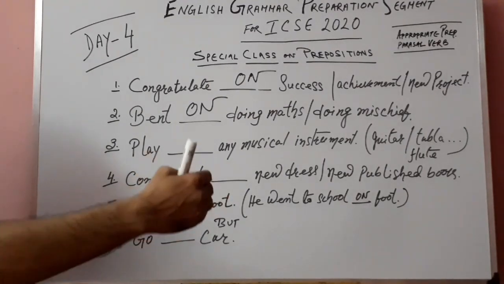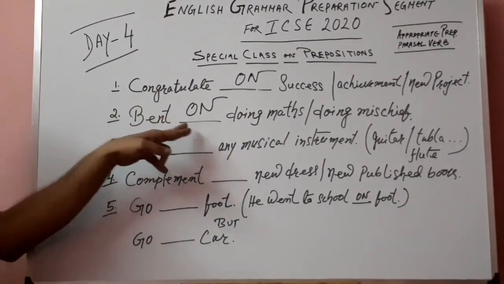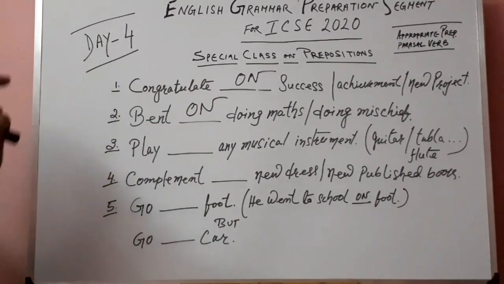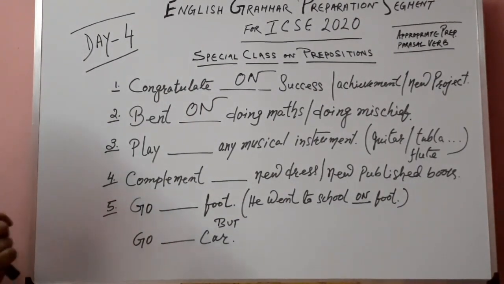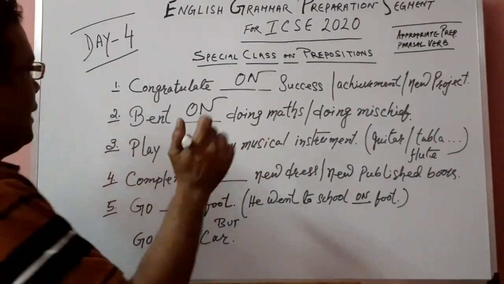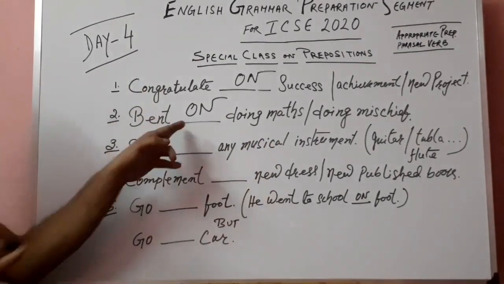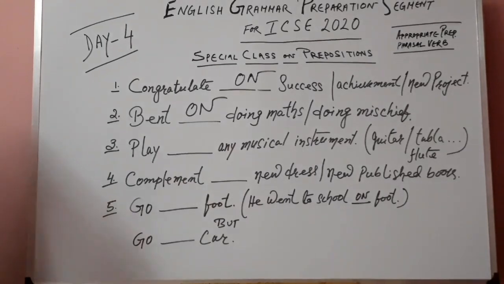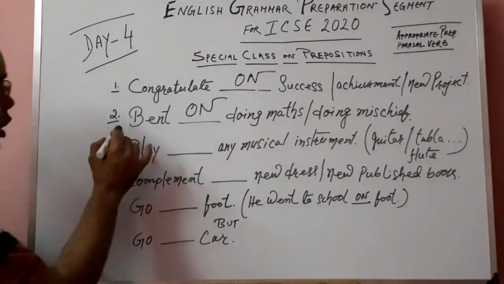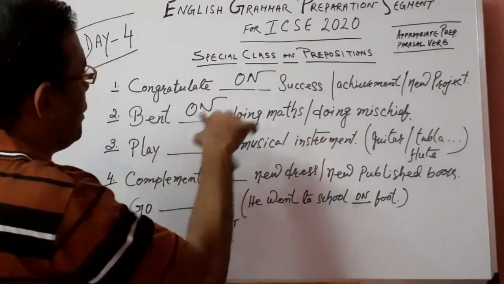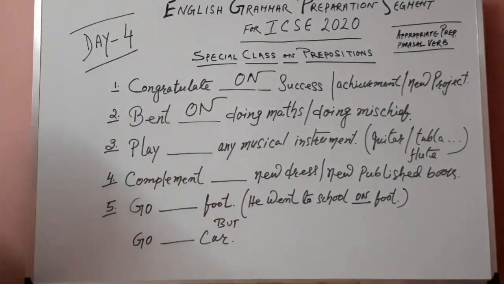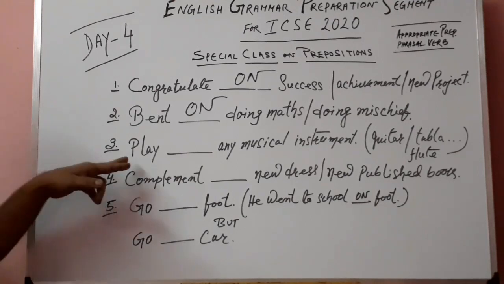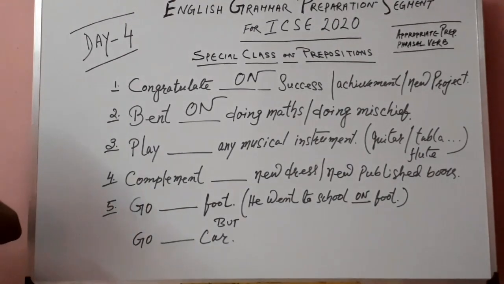He is bent on doing WhatsApp. He is bent on doing FB. So when bent is there, we can easily use on. You have to keep in mind that for the word bent, the appropriate or special preposition is on, by default.